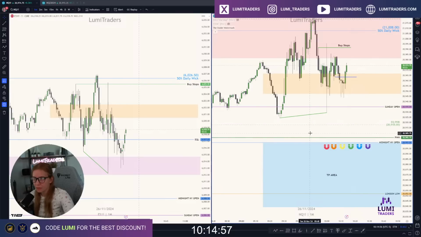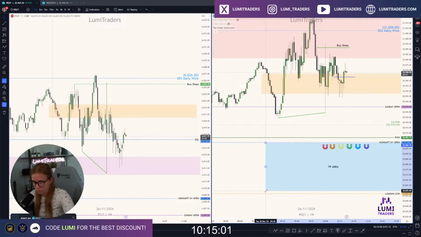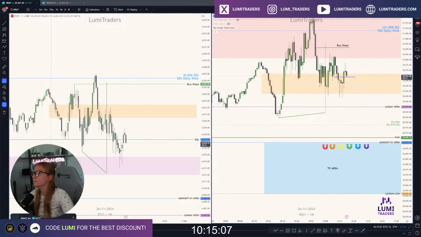This TP area can be a potential move. The actual area is not huge, not big like this. Basically, it's between New York midnight open and London low, that's pretty much it. I see this is empty. I'm not on trade, so I don't see any of my models right here.